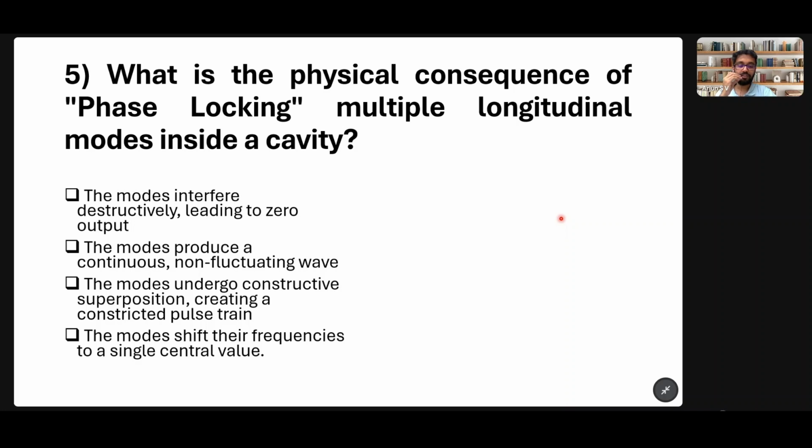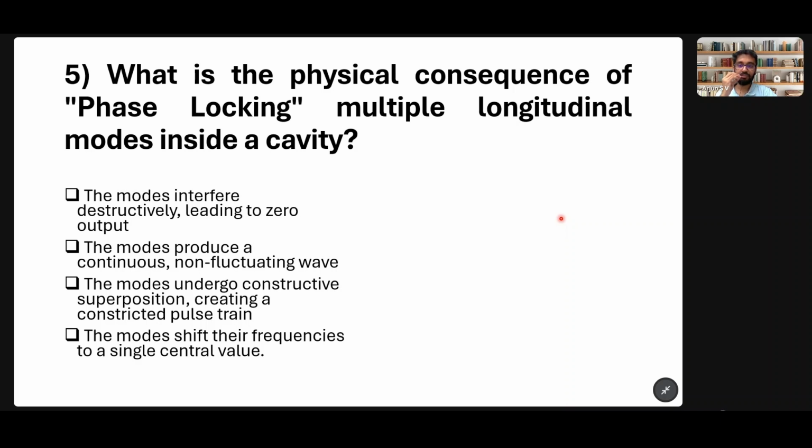Question number five: what is the physical consequence of phase locking multiple longitudinal modes inside a cavity? The options here are: A, the modes interfere destructively, leading to zero output.